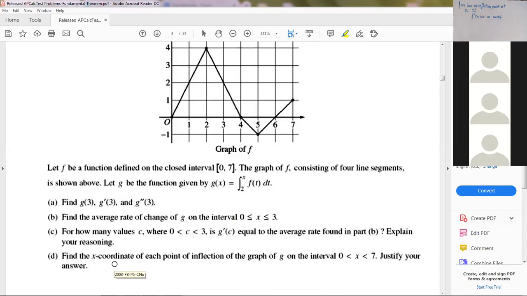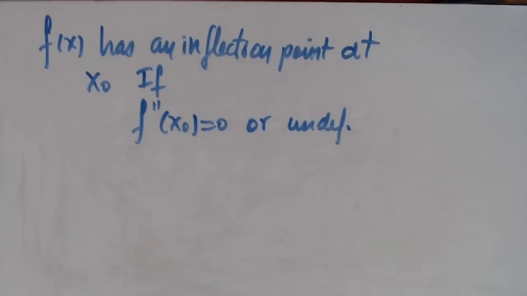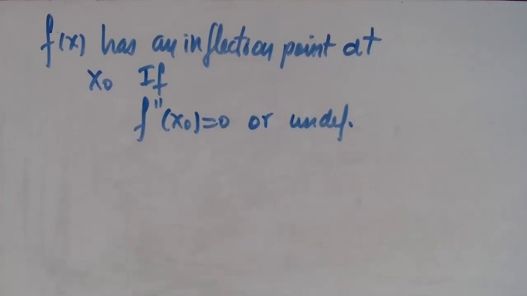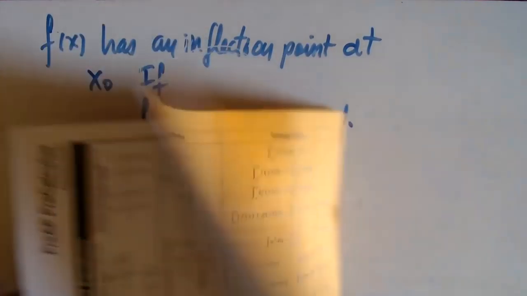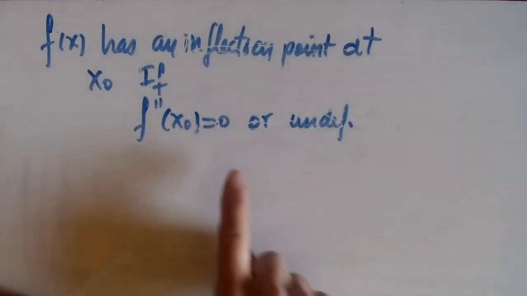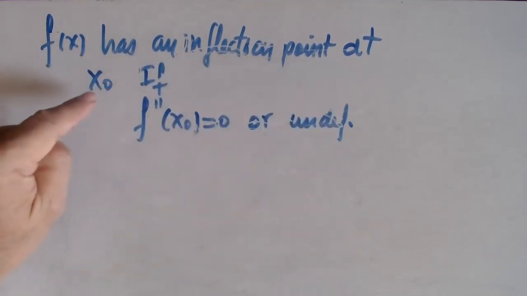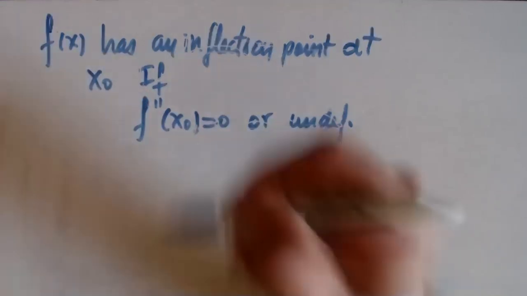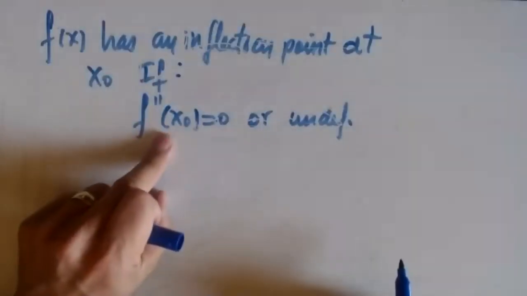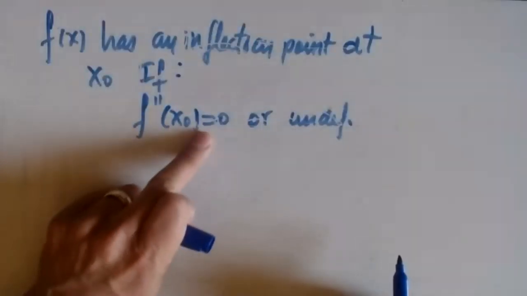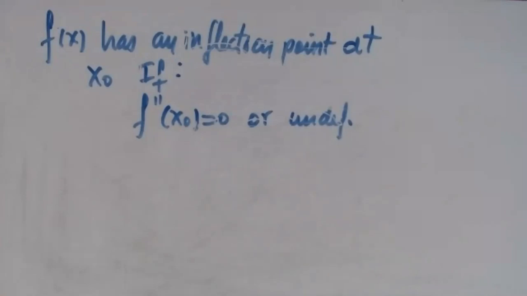Don't remember? You don't remember? This is the definition you have to remember. The concept is right here in the formula booklet. So F of X has an inflection point at X equals X0 if the second derivative at X0 is 0 or is undefined.